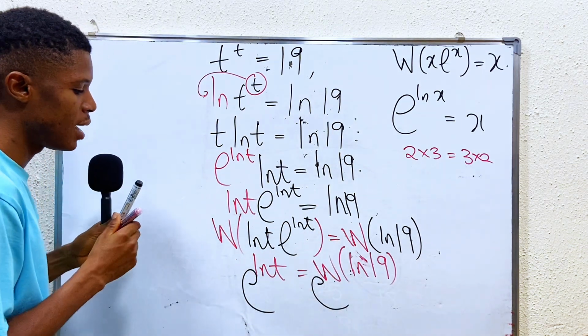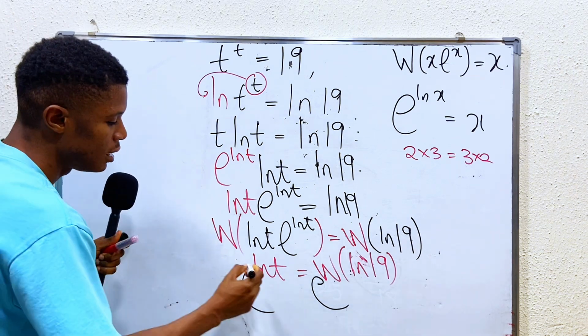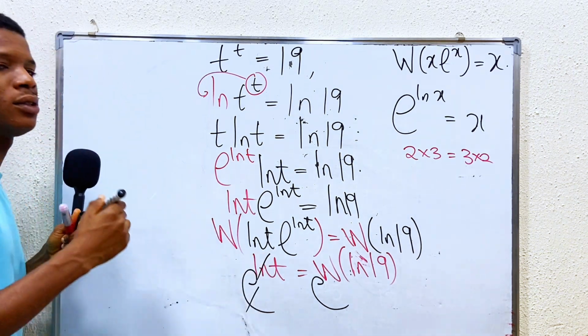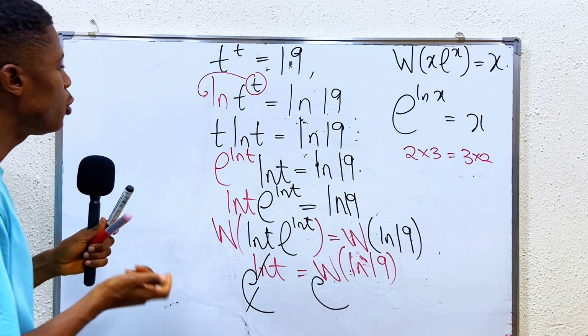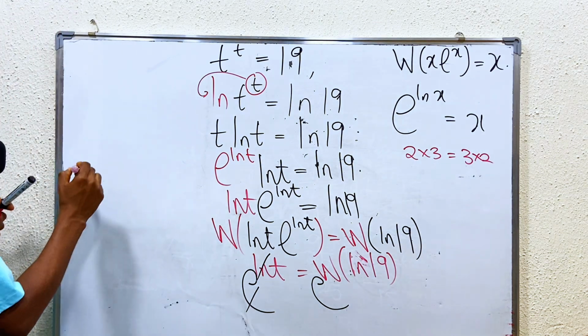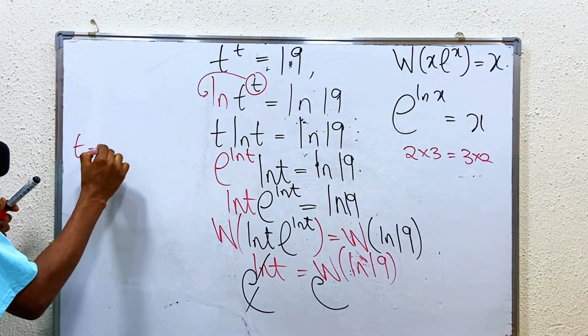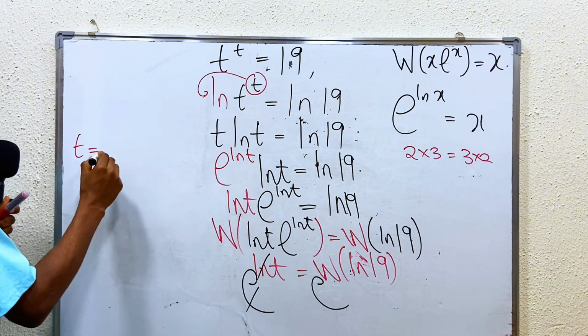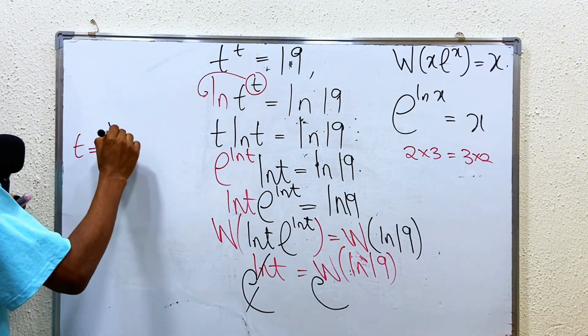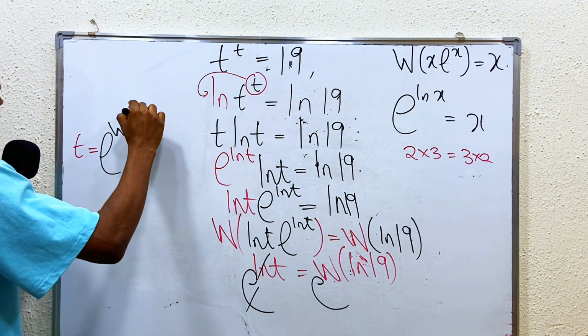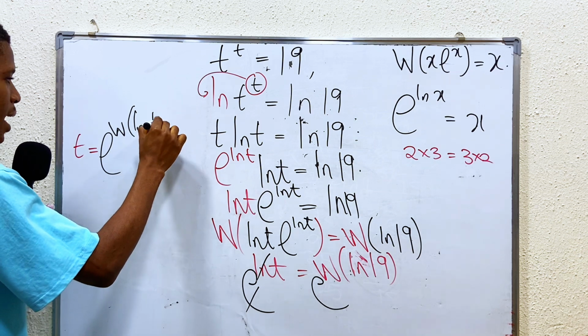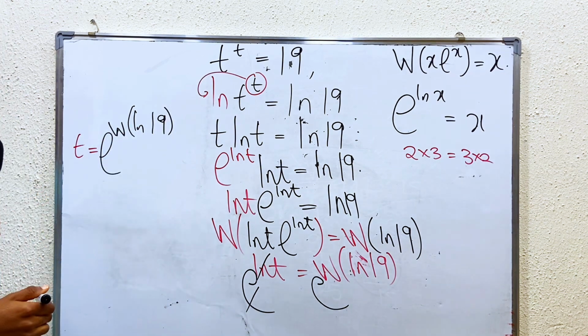The exponent cancels out the ln, and we can see that the value for t is equal to exponential of the Lambert W function of ln 19. And that's the answer.